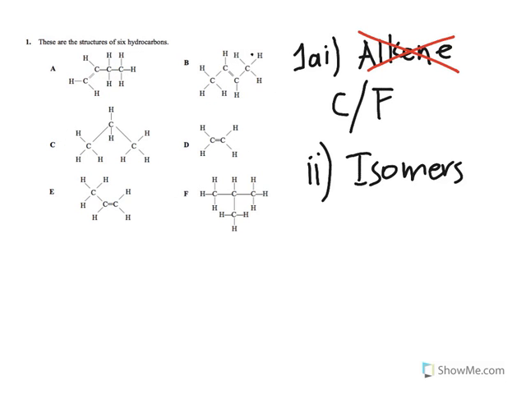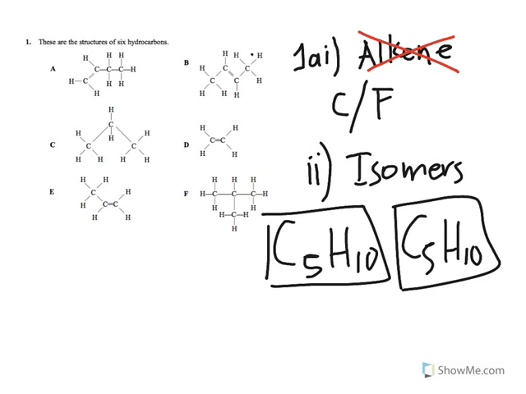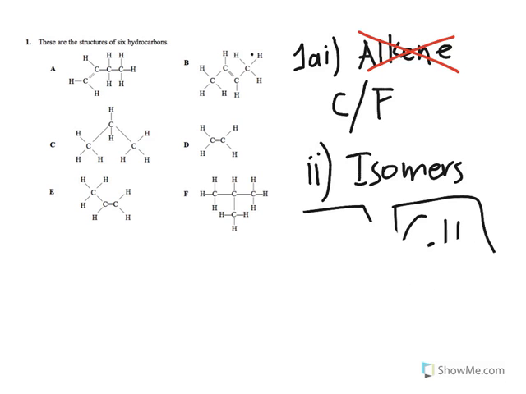The next question asks you to find which two hydrocarbons are isomers. An isomer is two molecules with the same molecular formula but different structural formulas, as in C5H10 and C5H10. They might be shaped differently, for example the double bond in a different location, or arranged differently in their drawings. So you just look for two hydrocarbon molecules which have the same number of C and H atoms.